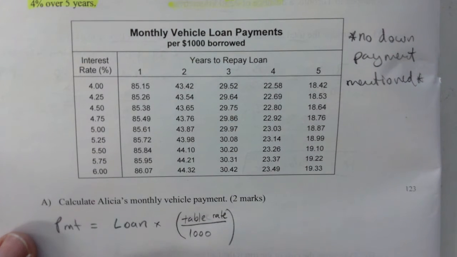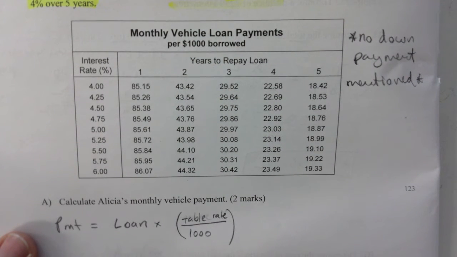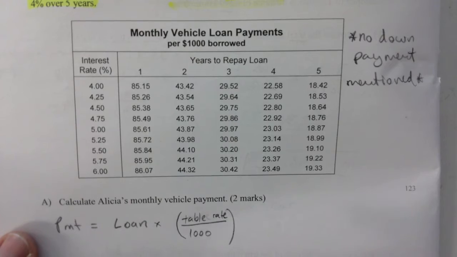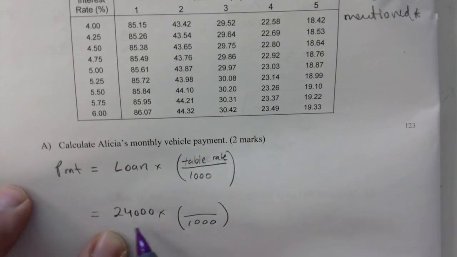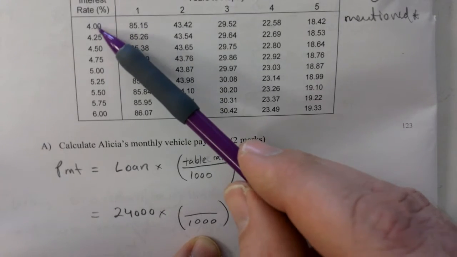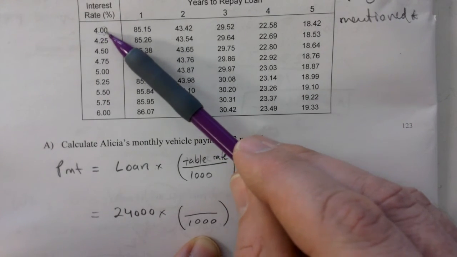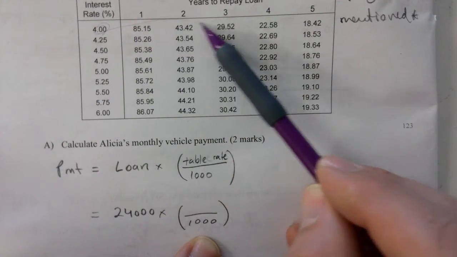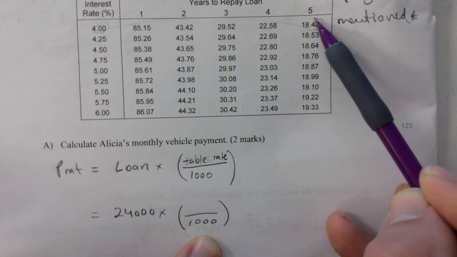So what is our loan? Our loan is 24,000 times a table rate. Sorry, you can't see that. 24,000 times a table rate. Let's go get that table rate. 4%, right? Over 5 years takes you to 18.42.